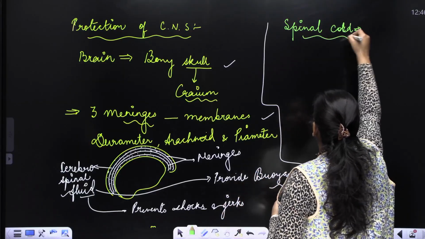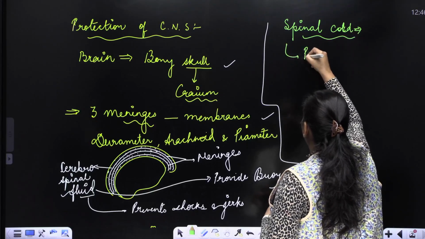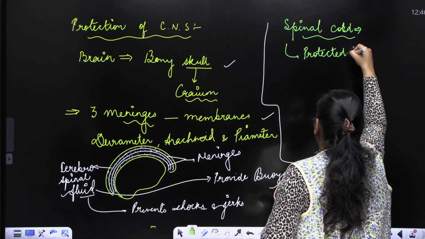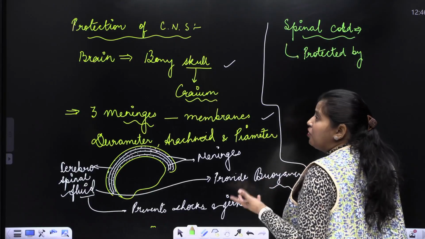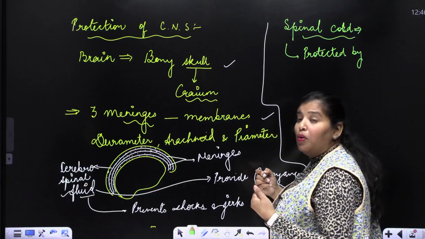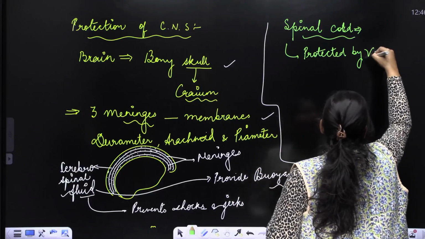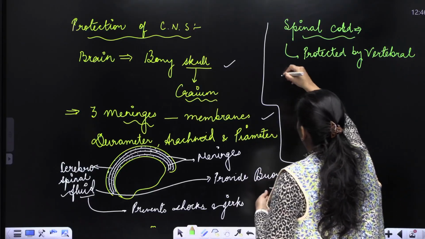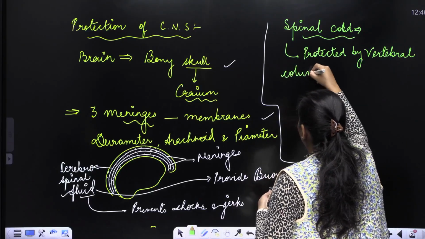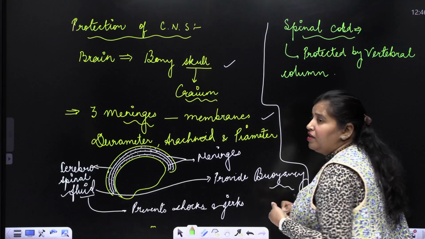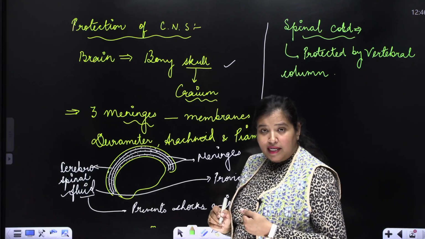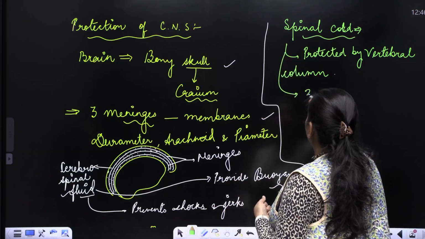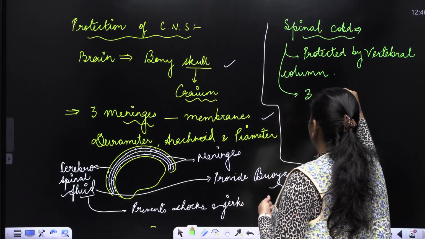And the spinal cord is protected by what we all know as the backbone. So it is protected by the vertebral column, which is made up of small bones called the vertebrae.